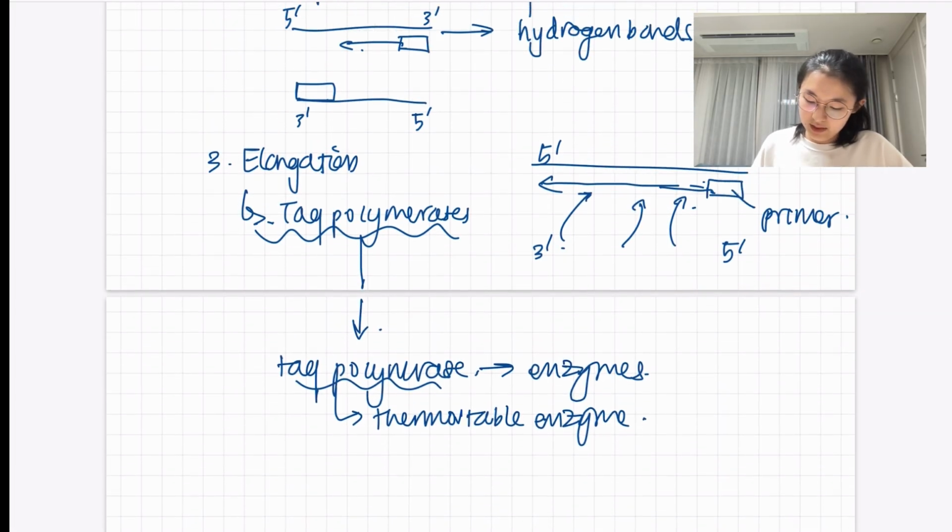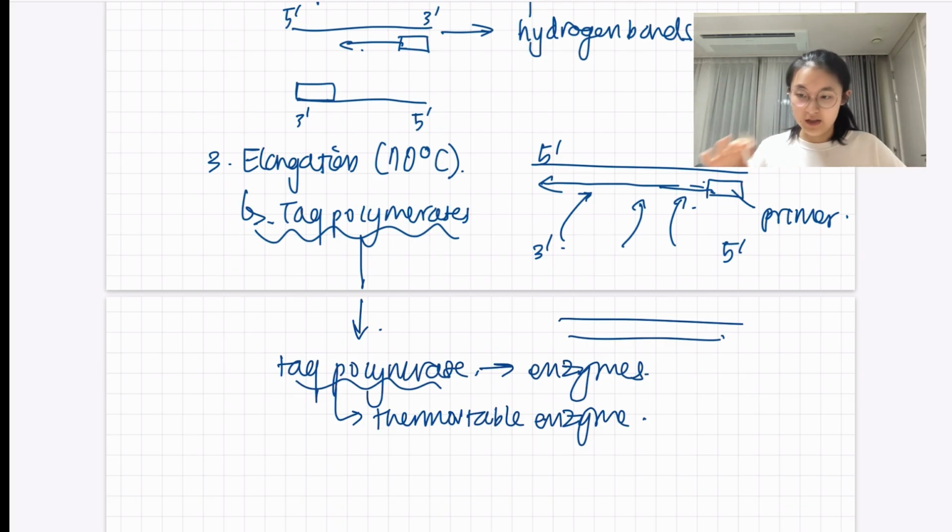And given that these Taq polymerases can withstand high temperatures, this elongation process is going to take place at a temperature of 70 degrees Celsius. So we're going to elongate the complementary DNA strand started by a primer, and we're going to form two separate DNAs, each complementary strand formed with the help of the Taq polymerase that starts off from a primer.